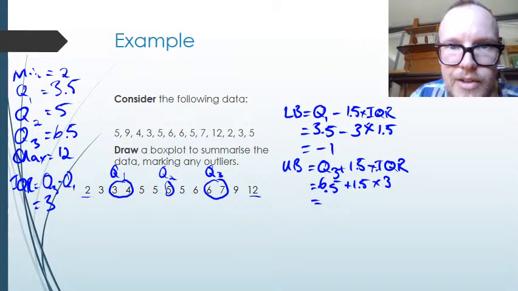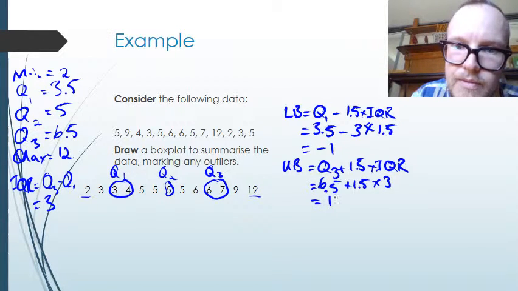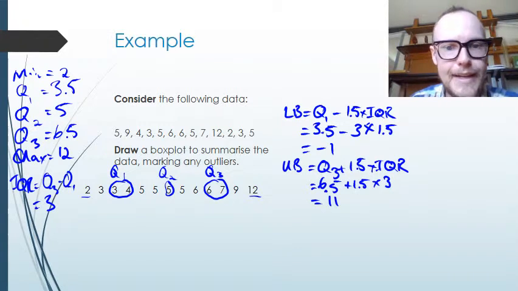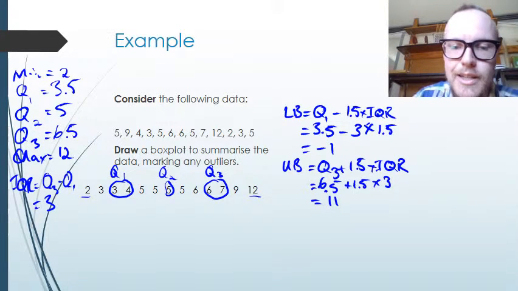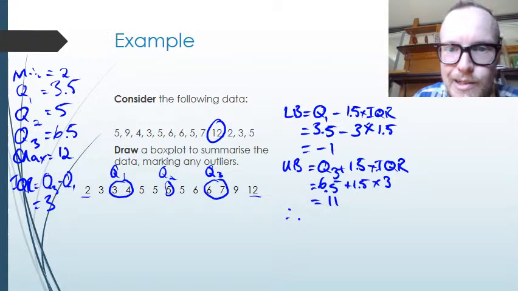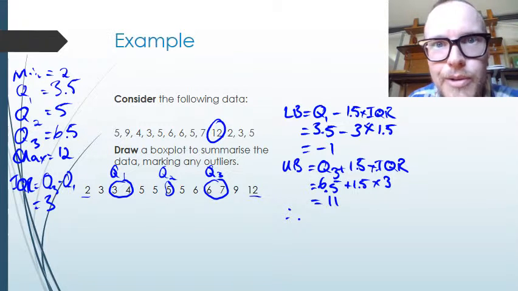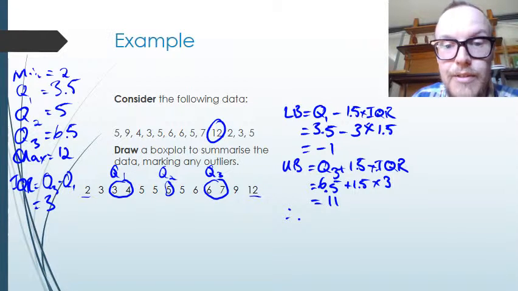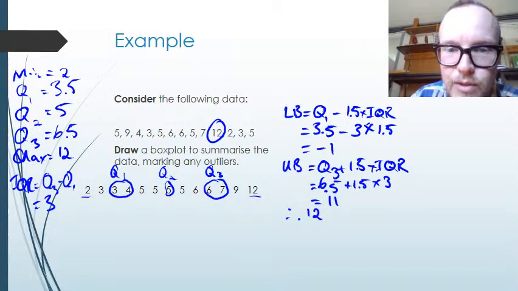So our upper bound should be 11 there, and then we can actually see that we do have one value that is an outlier, because we don't have any numbers below -1, but we do have one number above 11, which is 12. So we can say therefore 12 is an outlier.